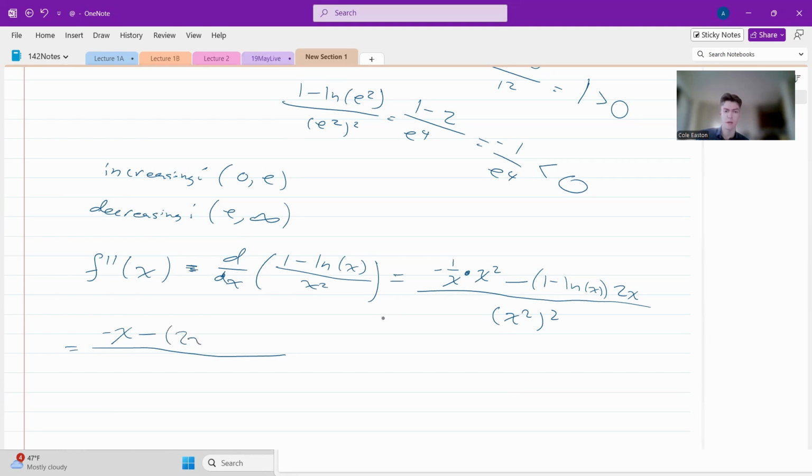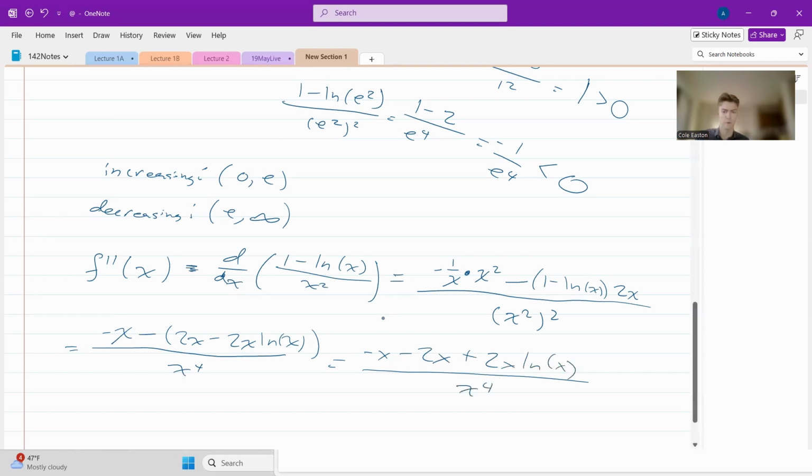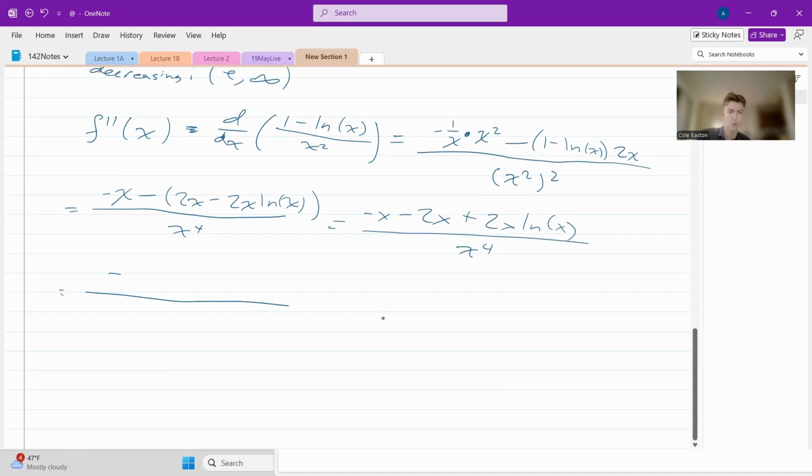So 2x minus 2x ln x over x to the 4th. And now I'm going to distribute my negative sign. So it's -x minus 2x plus 2x ln x over x to the 4th, which is -3x plus 2x ln x over x to the 4th.